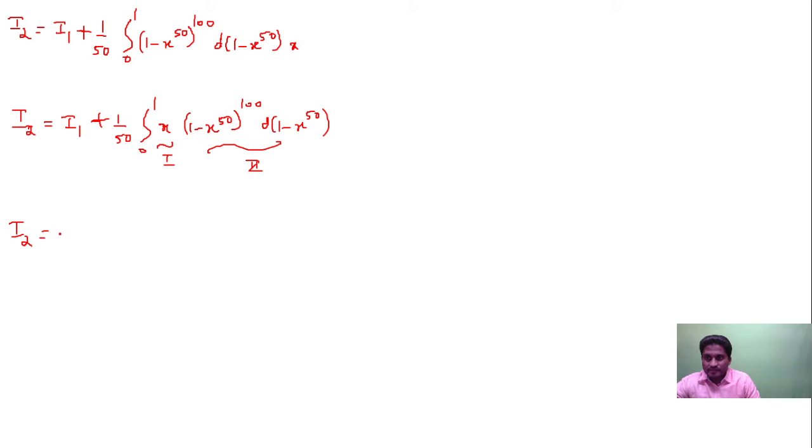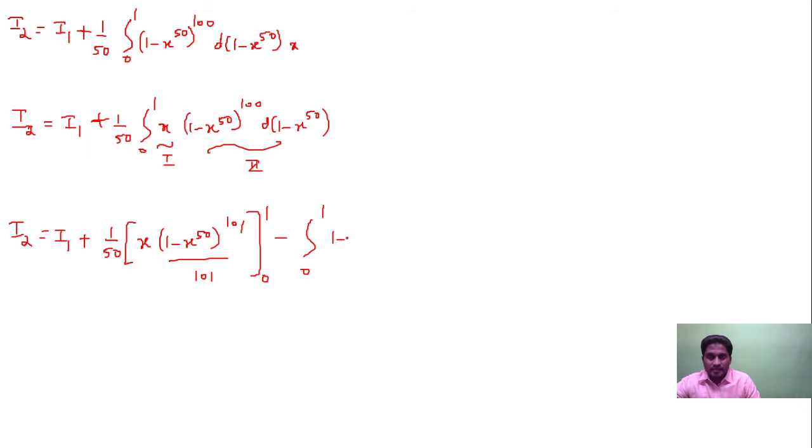I2 is equal to I1 plus 1 upon 50. First function is x. Integration of second function is (1 minus x to the power of 50) whole to the power of 101 divided by 101. First integral of second minus integral of second.